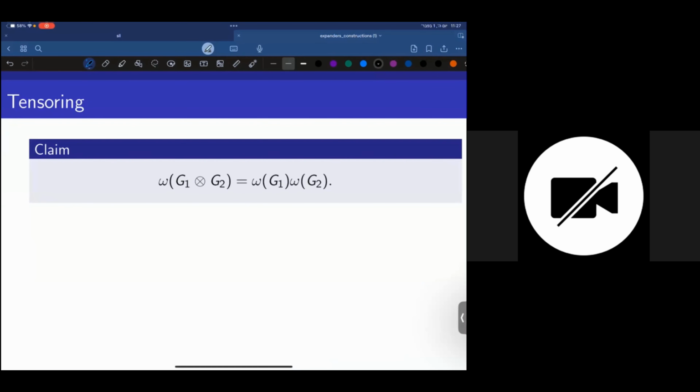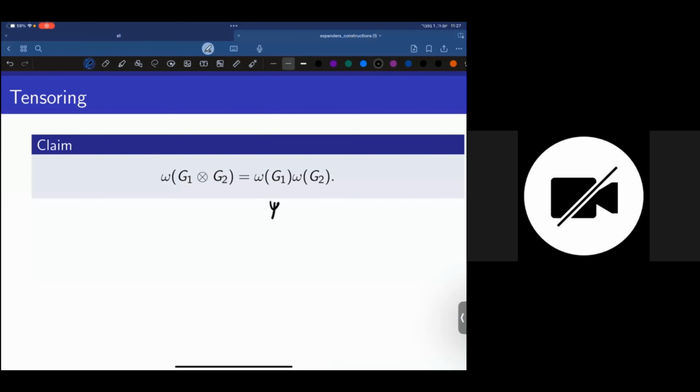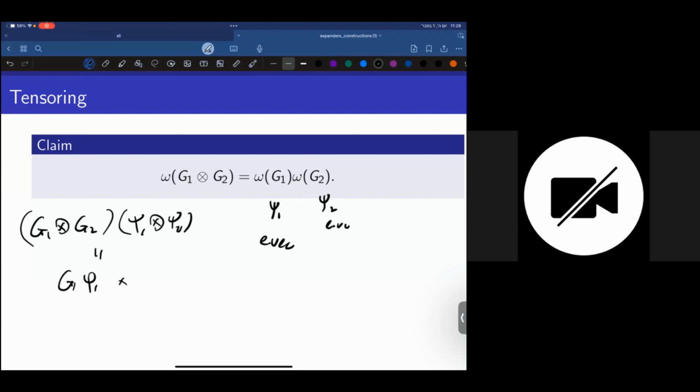So things are so structured here such that if psi1 is an eigenvector of G1 with some eigenvalue, and psi2 is an eigenvector of G2, then if you take the tensor of them, it's an eigenvector of G1 tensor G2. Because G1 tensor G2 of psi1 tensor psi2 is G1 psi1 tensor G2 psi2.